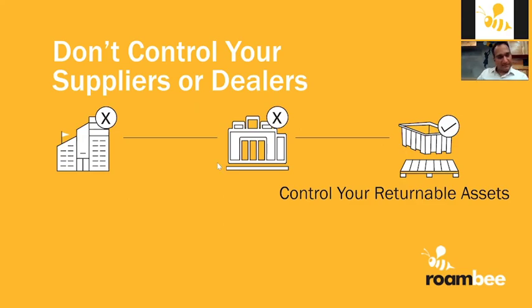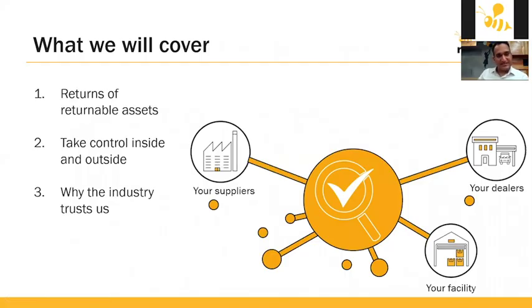So the format we're going to have today is 3 parts. We're going to talk about the returns. Of course, these are returnable assets, and they need to come back. But more importantly, they need to also provide you with financial return. The second part is how you can take control of them, both inside and outside your enterprise, as well as indoors and outdoors.